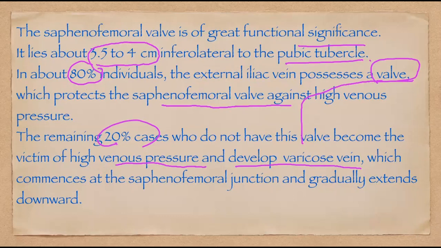Okay, so if they don't have valve in the external iliac vein, that means all the blood flow in the venous system, they flow back into the saphenous veins, right? So they develop varicose veins which commence at the saphenofemoral junction and gradually extends downwards. Okay, we'll talk about it later.